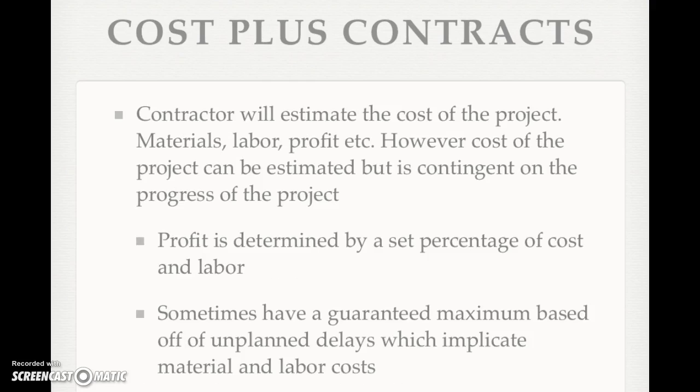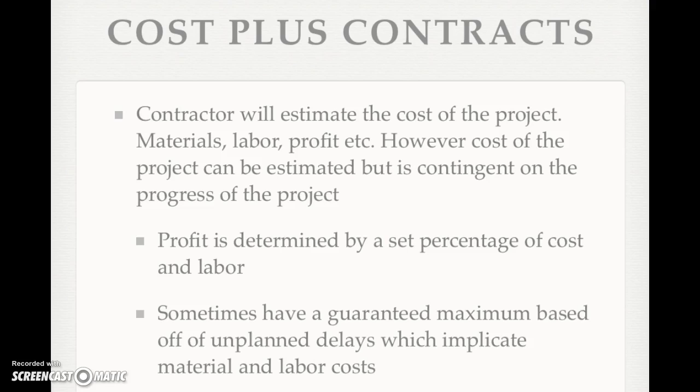Another sort of contract is called a cost plus contract. The contractor will estimate the cost of the project, which includes the materials, labor, and profit margin. However, the cost of the project is estimated ahead of time, but is basically contingent on the progress of the project. The profit of the project is determined by a set percentage of costs for materials and labor.